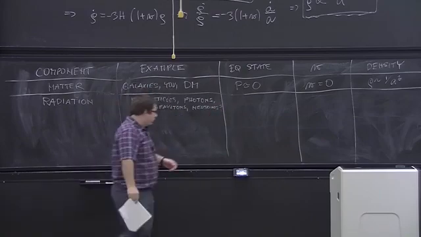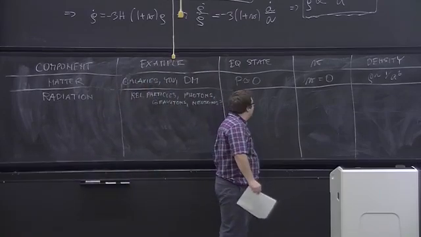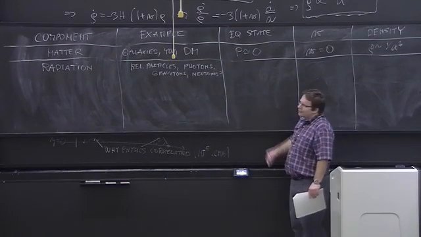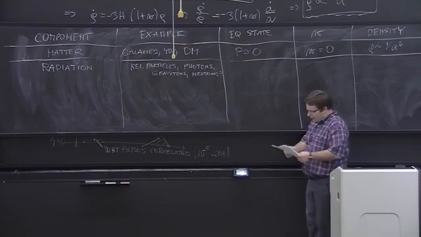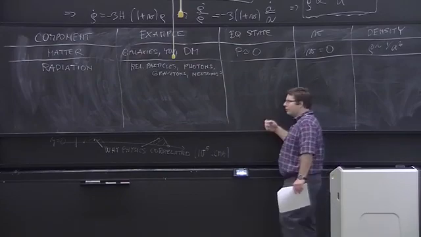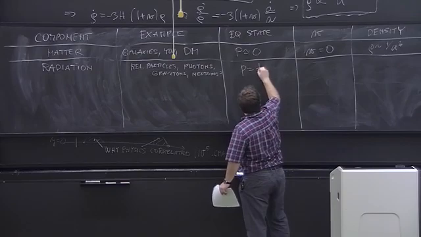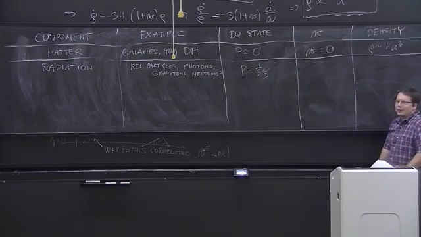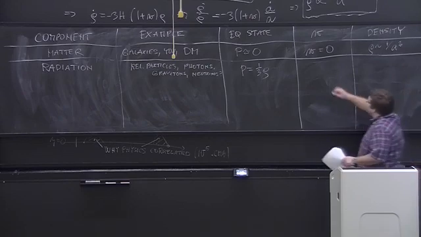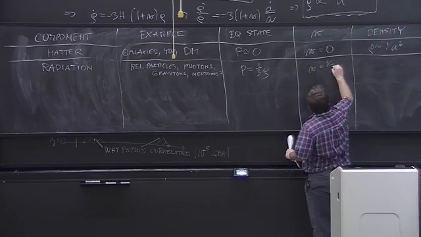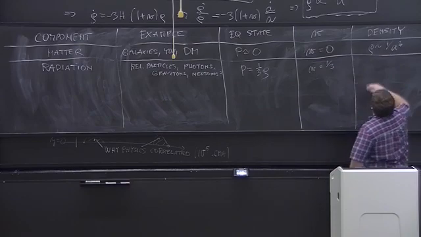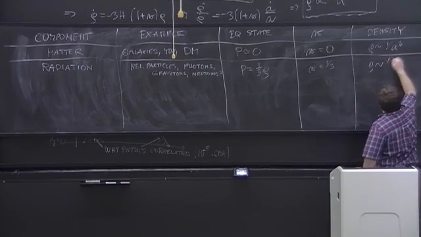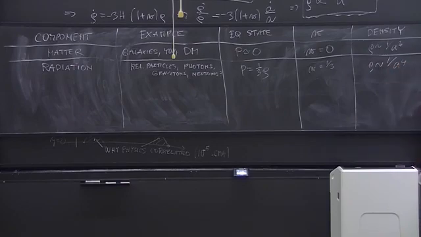I will show you maybe tomorrow, or the day after, that for relativistic particles P is just one third of rho. You probably know this from your electromagnetism course anyway. That means W is 1 over 3, and if you plug 1 over 3 in, the energy density dilutes as 1 over A to the 4.